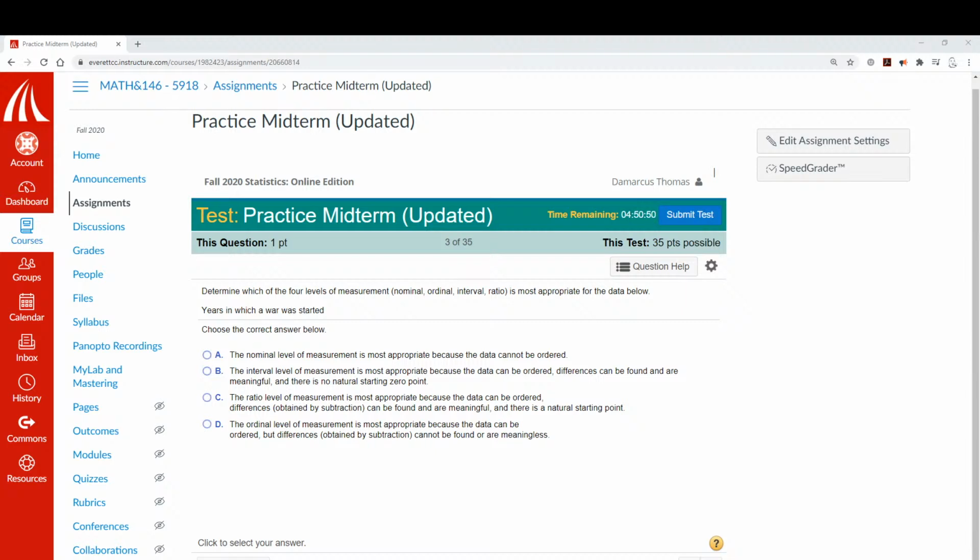What I will say though is that the truth is, in practice, we don't really use the four levels of measurement. The history of the four levels of measurement stems from psychology. They use those to classify different measurements and things of this sort.